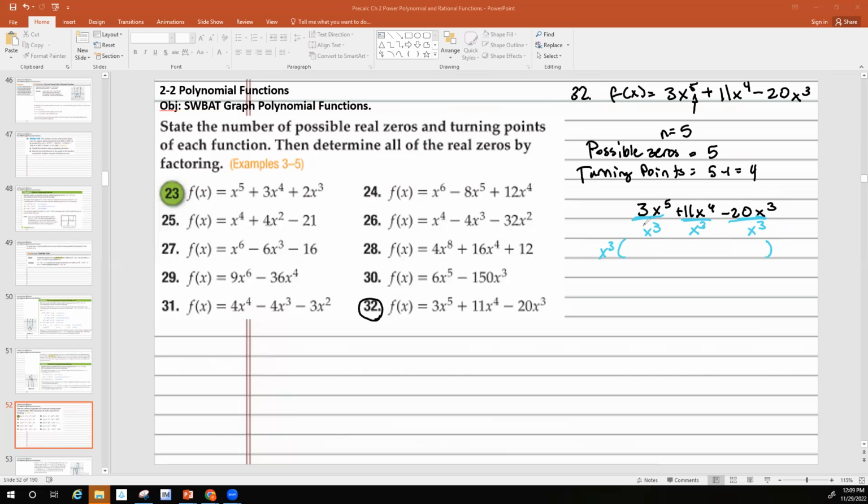We get 3 plus 11 minus 20. Oh, we can't factor out any numbers, sorry, constants or coefficients. So we can't factor out any numbers, just the variable. Here, x to the 5th divided by x to the 3rd, so 5 minus 3 is 2. So you get x squared.